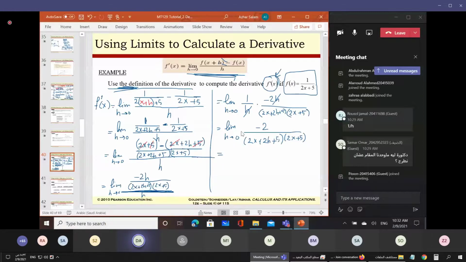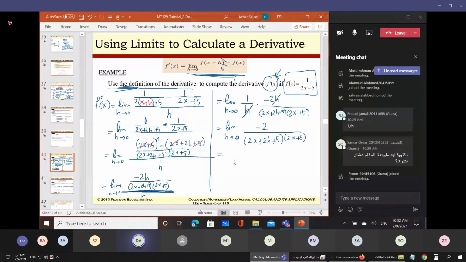Okay, now I omit this h, which was the problem in the denominator, so I can substitute h with 0. I still have this h, but when I actually substitute with 0, it will be added with other values. So I won't have 0 in the denominator. It won't be a problem.